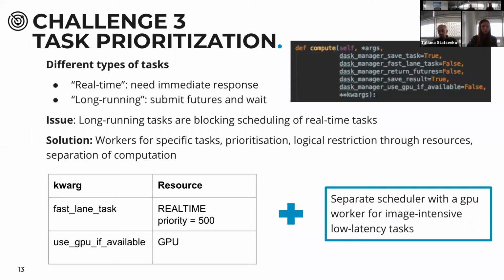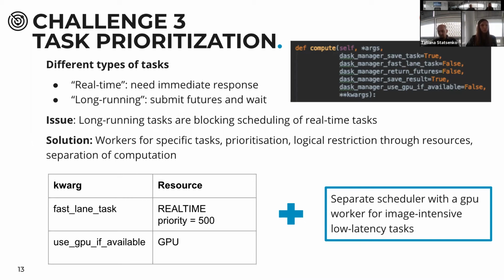So when you create a worker, you can already provide, okay, use the real-time resource, or I just have a default, or GPU, everything. And historically, we created a second scheduler with a GPU worker for the image detection, object detection tasks.